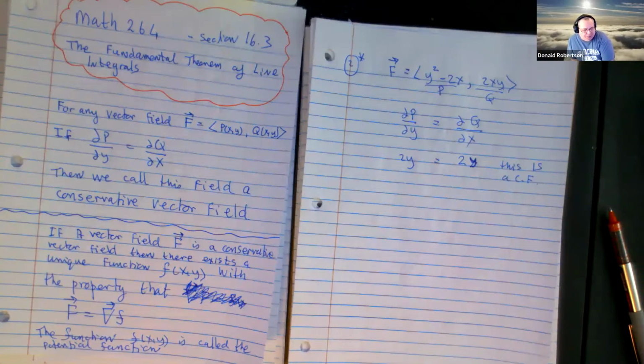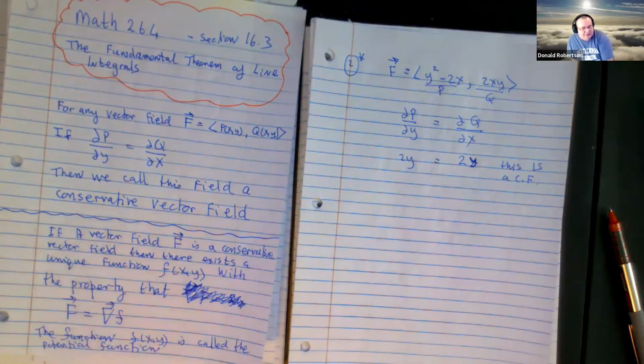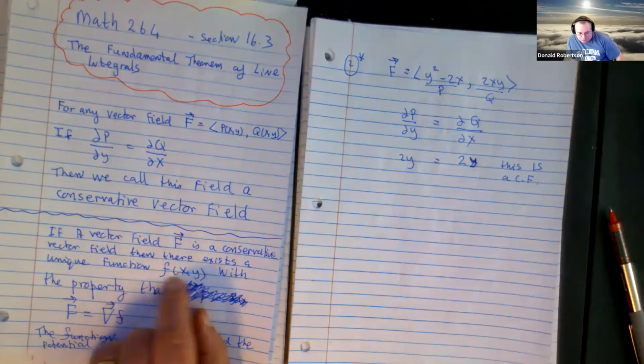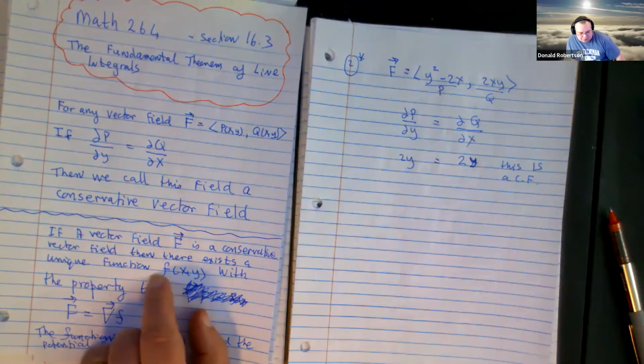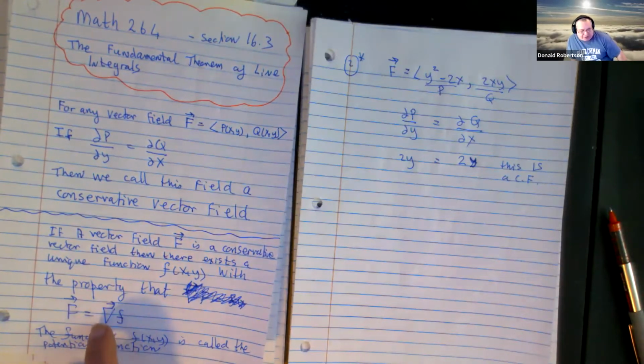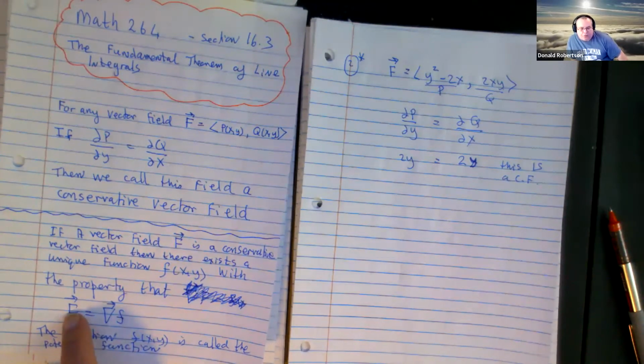Now, vector fields that are conservative are very interesting because if they are, this is the second bit we're going to talk about now, if they are a conservative field, then there is a normal function, right? This is just a normal, you know, x squared plus y squared minus 2xy, as a typical function that has this property, that the gradient of this function is the original vector function.